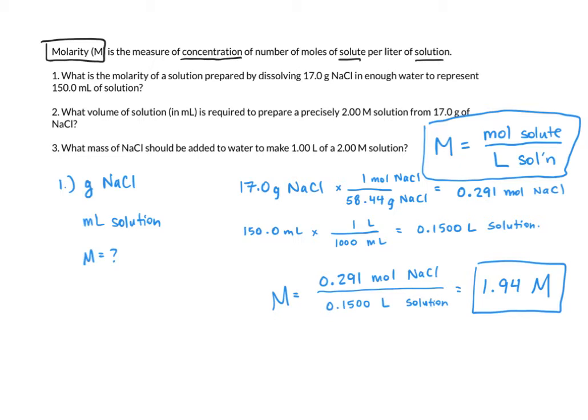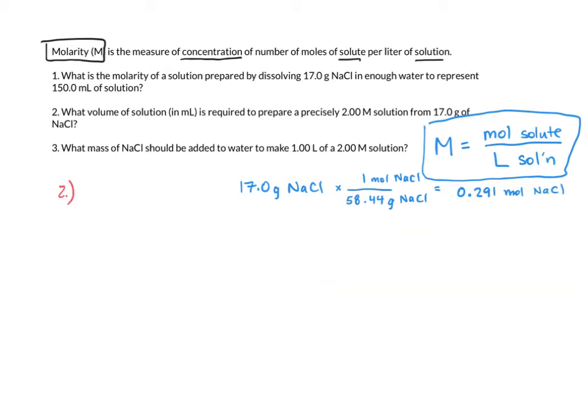If that were the case, what volume of solution in milliliters would be required to make this 2.00 molar solution? So let's reevaluate what we've got for question number 2. We're still dealing with 17 grams worth of sodium chloride, so no need to reinvent the wheel. That's still 0.291 moles worth of sodium chloride. I'm not going to force myself to do that work again.